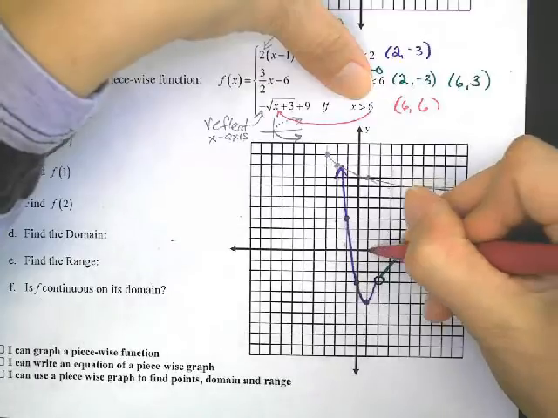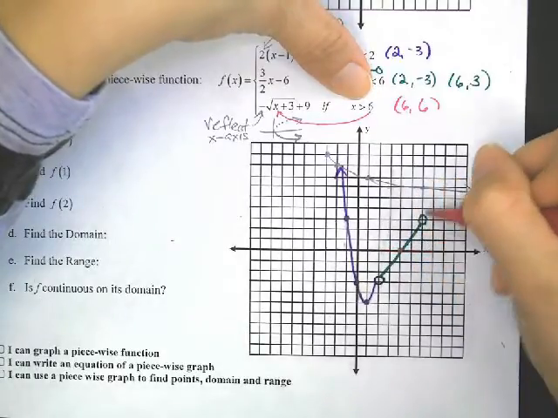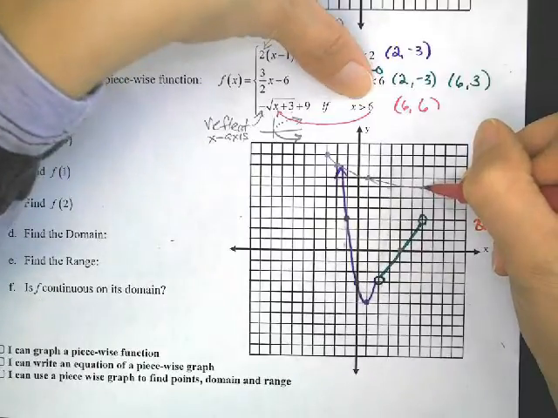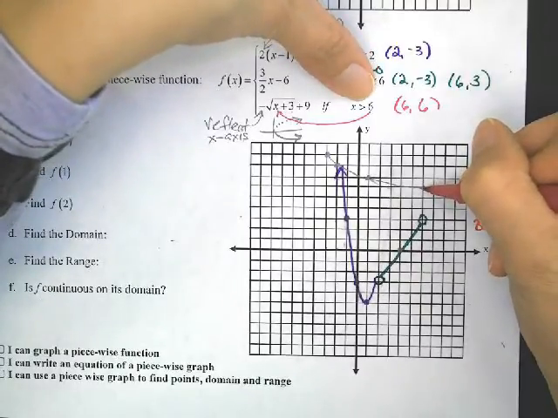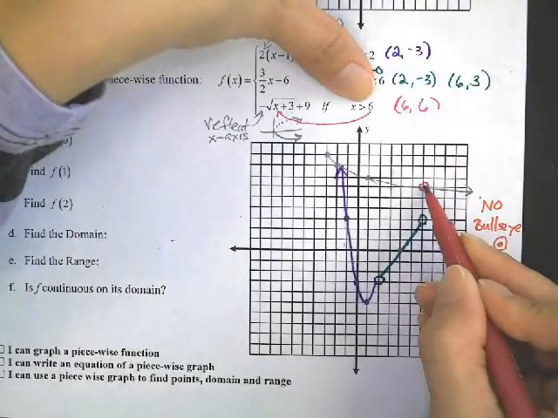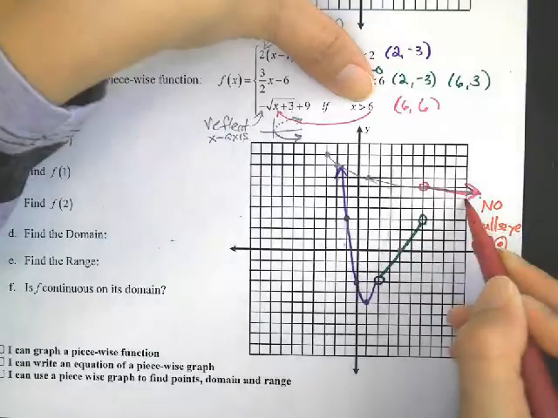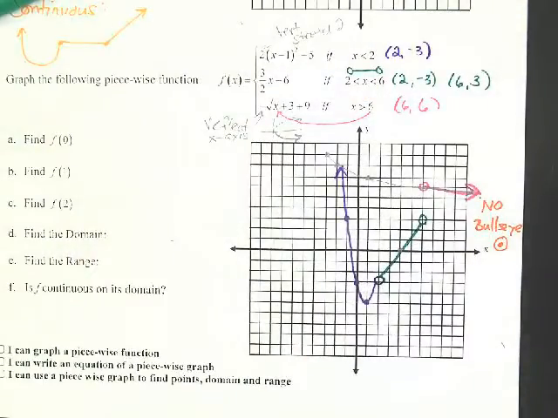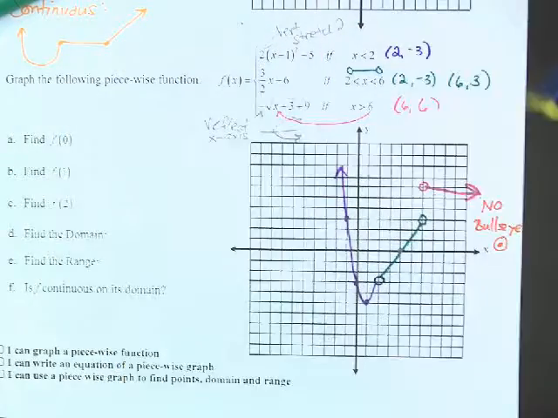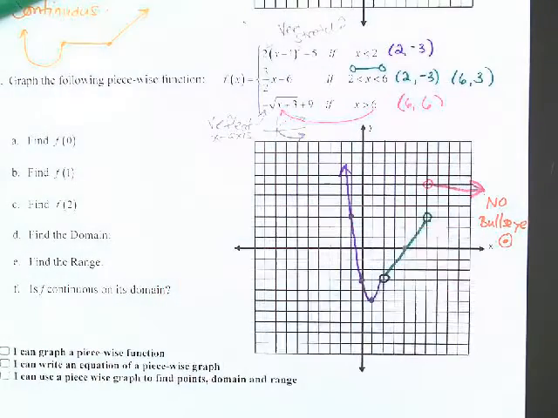So if I go to 6, it's that point right there. But I'm going to be greater than 6. Greater. So open or closed bubble there. That's going to be an open bubble. And then I want all the graph to the right. So let's go ahead and erase all of the square root that's to the left. Only keep the square root that's greater.